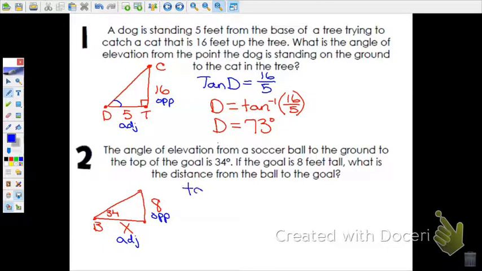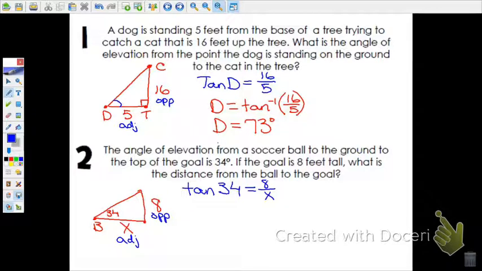So tangent of angle 34 is equal to opposite 8 over adjacent x. So this time I'm looking for a side length rather than an angle. My variable is in the denominator.